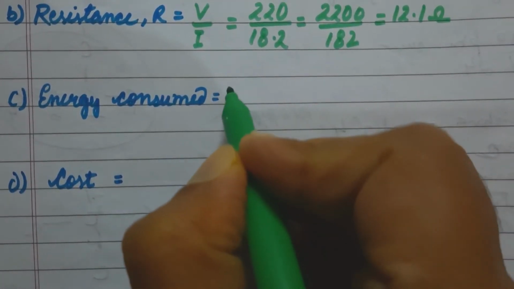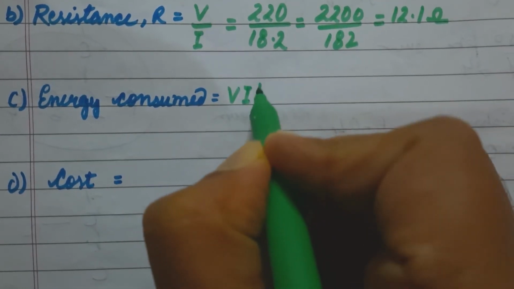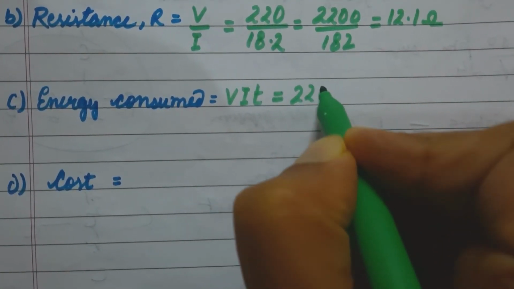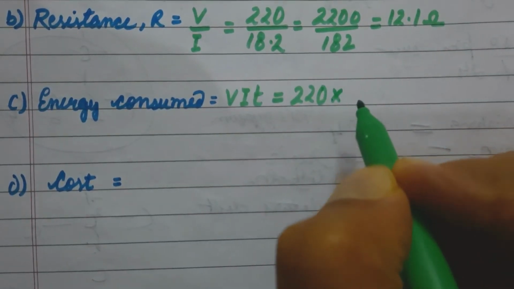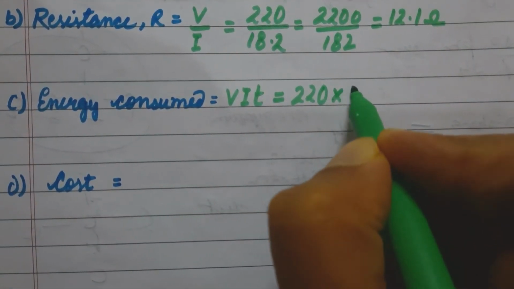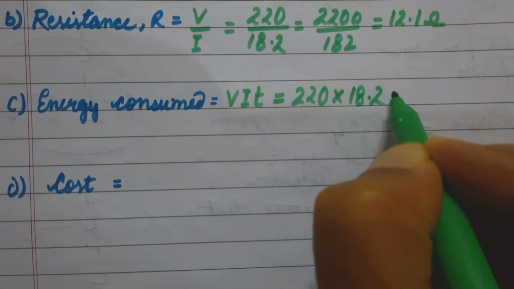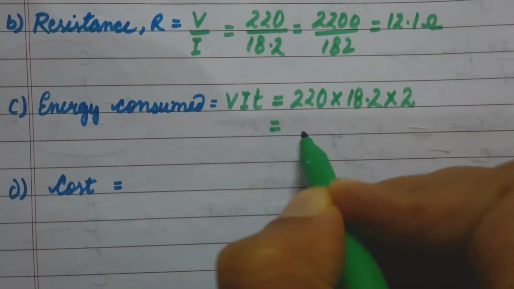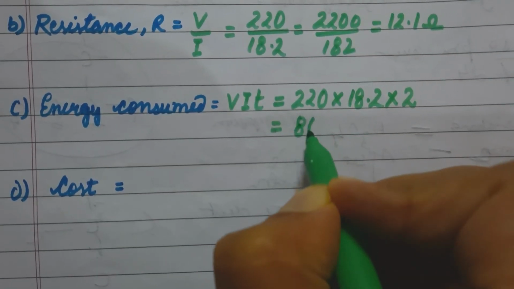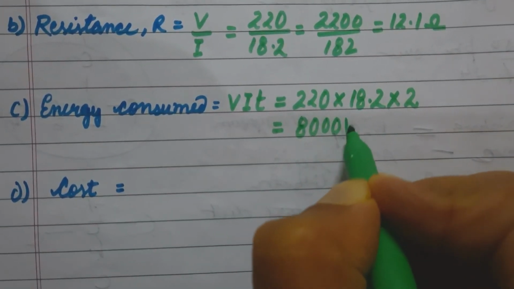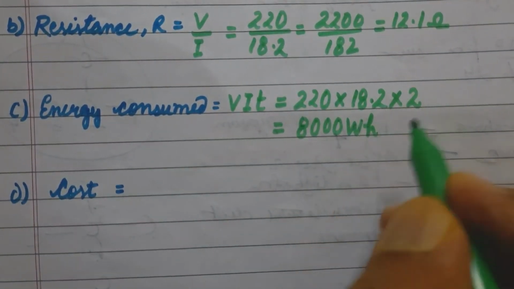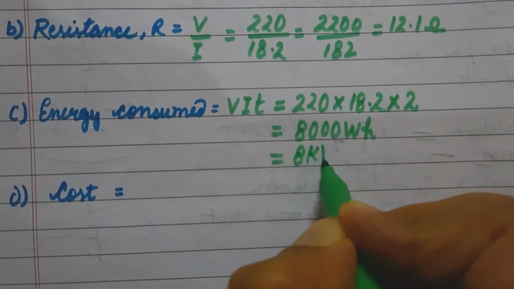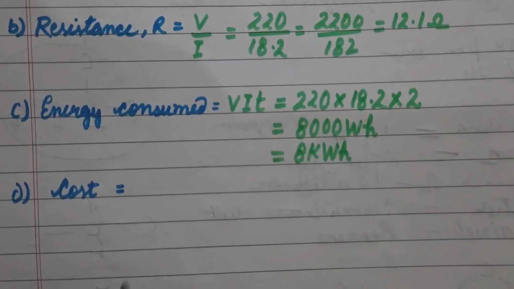Energy equals VIT. V is 220, current is 18.2, time is 2 hours. When we solve this, it will become 8000 watt hour, and in turn 8 kilowatt hour.